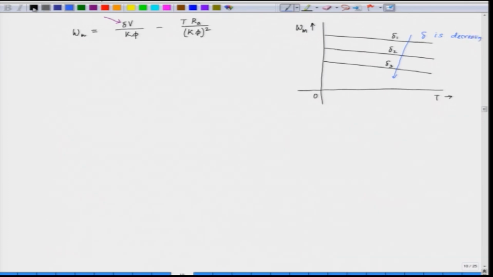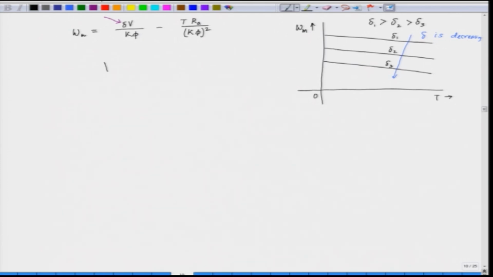So, delta is maximum in the first case, then delta 2 and delta 3. So, delta 3 is less than delta 2, and we can write the inequality: delta 1 is greater than delta 2 is greater than delta 3. As delta is reducing, this voltage will be reducing.